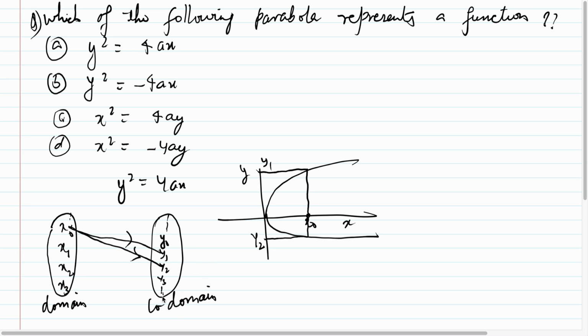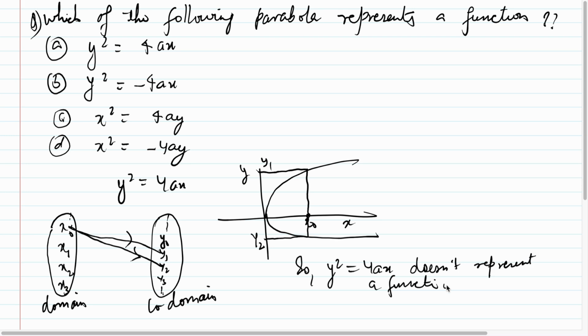But here, one element is being mapped with two elements in the codomain, so this cannot be said to be a function. So y square equals to 4ax doesn't represent a function.